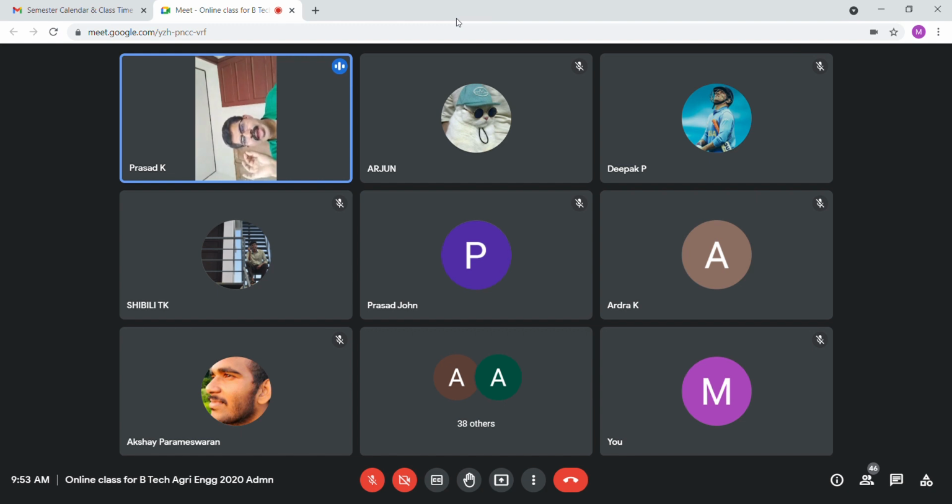Initially we have to draw a gear or part of a gear, that means two teeth, and mark all the important terms used in that gear. That we can call a nomenclature of gear. So it is very important.